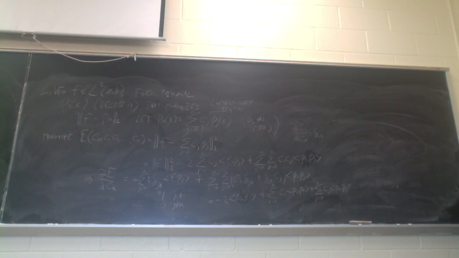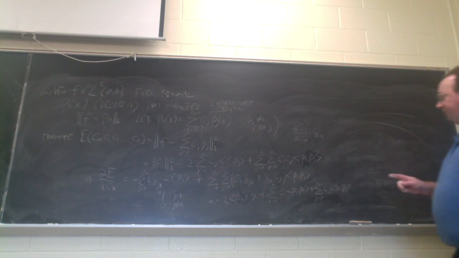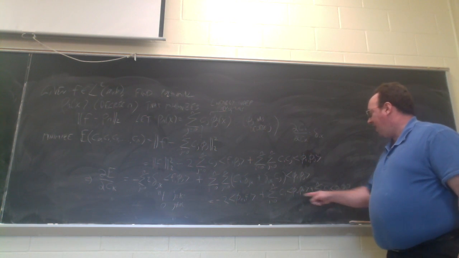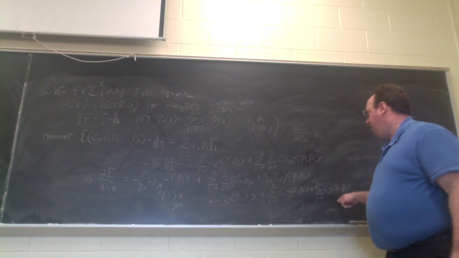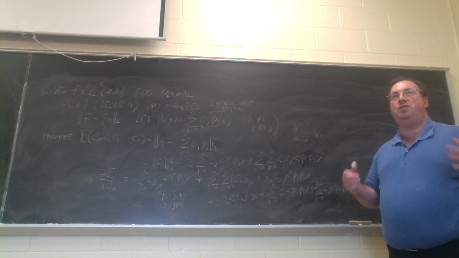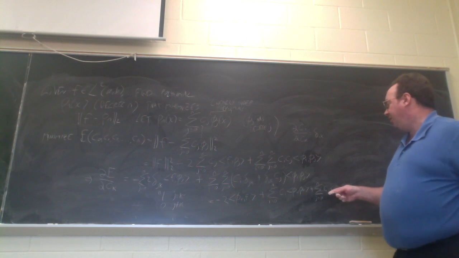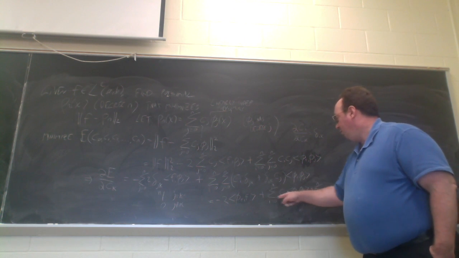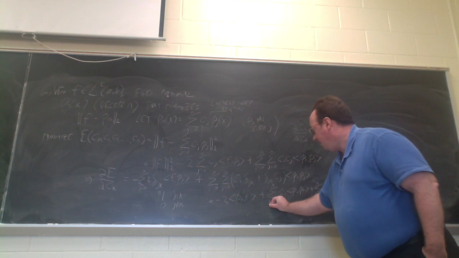Now, I want to try to condense those two sums into one. First of all, I'm using i over here and j over here. These two sums are separate. There's no reason why I can't use j for both. So I'm just going to rename i to j in here.